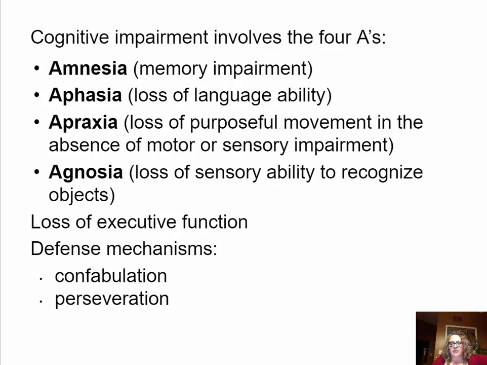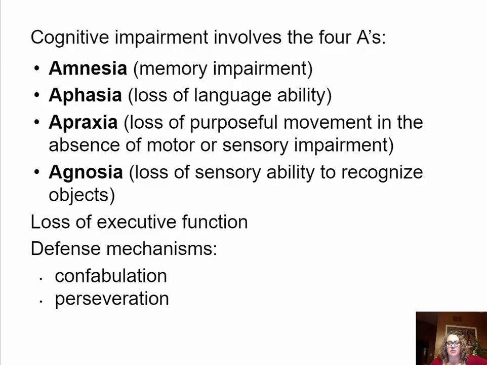So cognitive impairment in dementia, in this case Alzheimer's disease, involves the 4 A's. Amnesia, which is memory impairment. Aphasia, which is the loss of language ability.